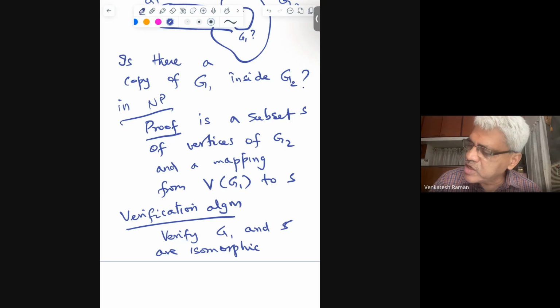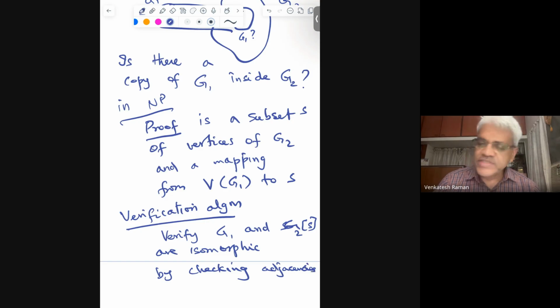More precisely, the induced subgraph on S, by checking adjacencies. Okay, so this is the easy part.